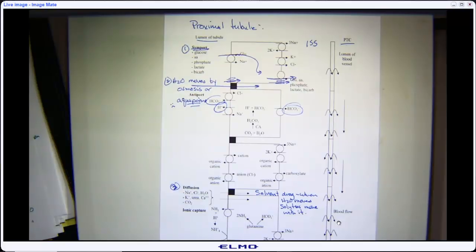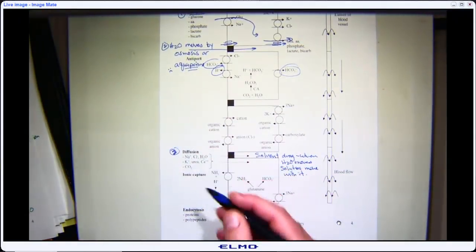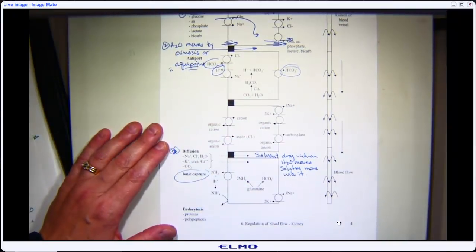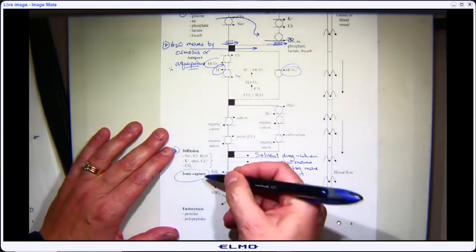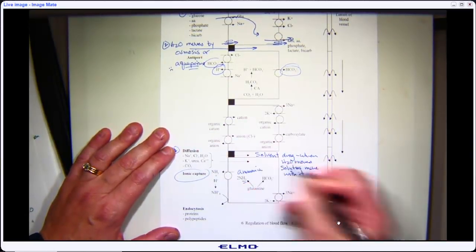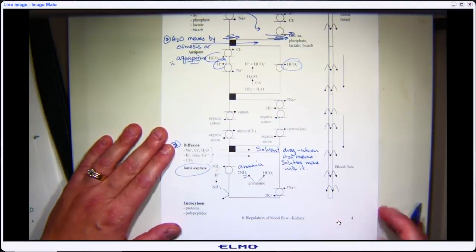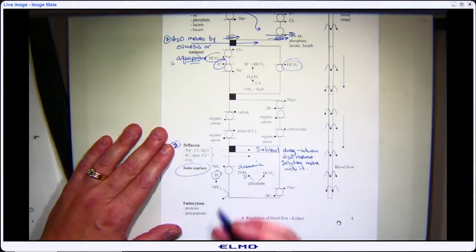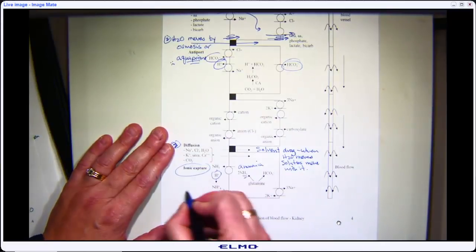Another part of regulating hydrogen ion is something called ionic capture. I can get rid of hydrogen ions in the form of ammonia, move them across an asymmetrical cell onto the luminal side. That ammonia can trap or capture a hydrogen ion. The membrane isn't permeable to ammonium.